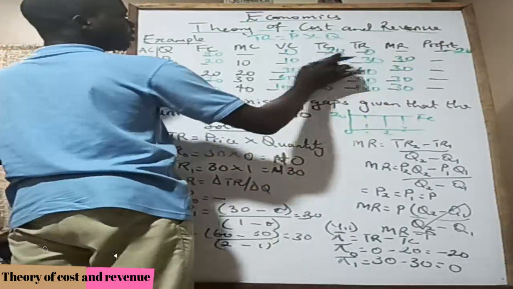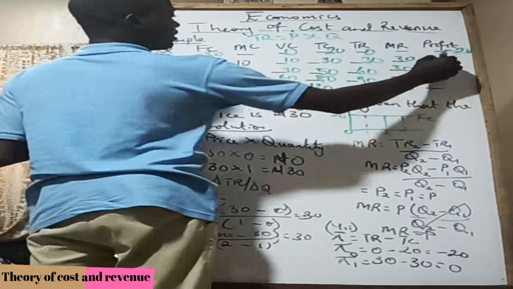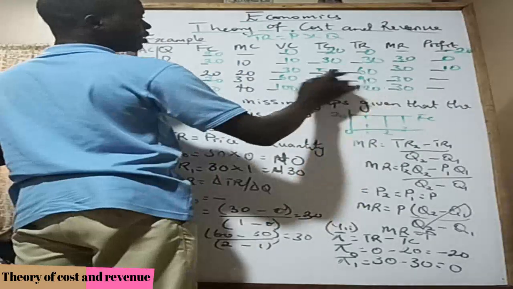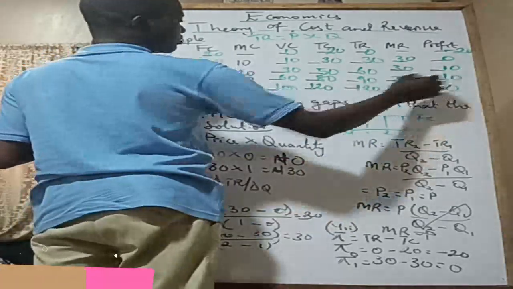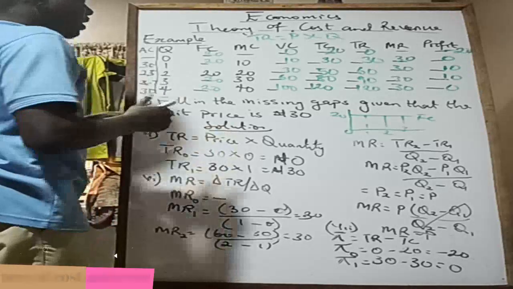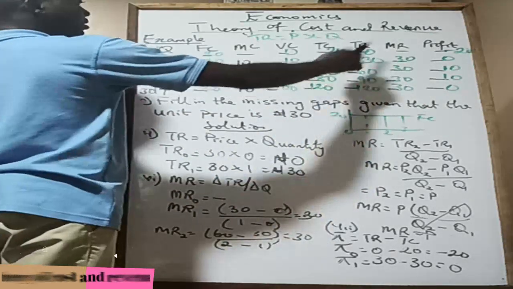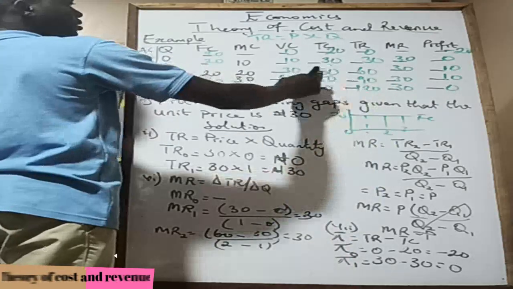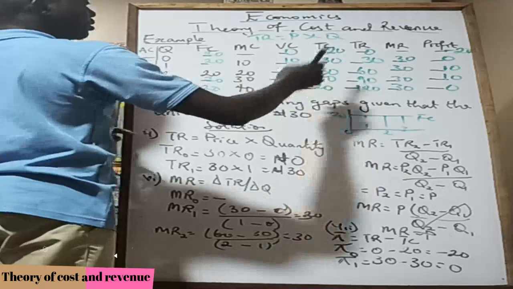Then 30 minus 30 you have 0. 60 minus 50 you have 10. 90 minus 80 you also have 10. 120 minus 120 you have 0.